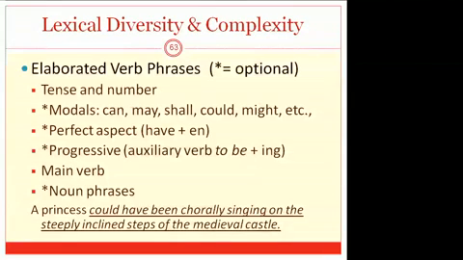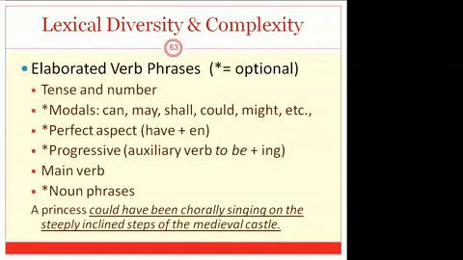In addition, there are many optional elements in verb complexes. Modals, perfective aspects, and progressive auxiliary verbs are optional elements in the verb complex. Children who have language impairments often have difficulty mastering the verb complexes and the verb structures of English because they can be quite elaborate.